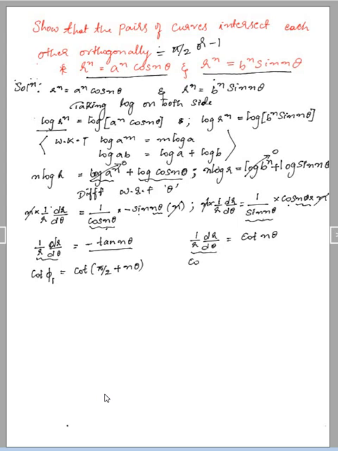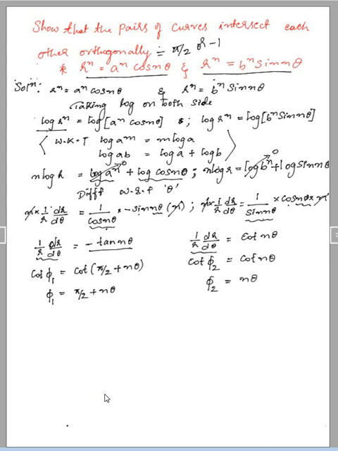Similarly, for the second curve, I will denote it as cot phi 2, which is equal to cot n theta. Now, by taking cot inverse, cot inverse of cot theta is theta.